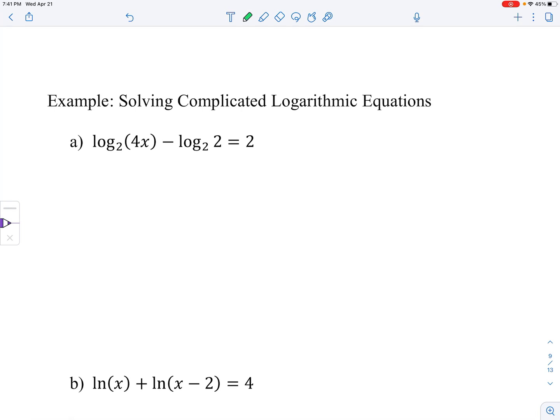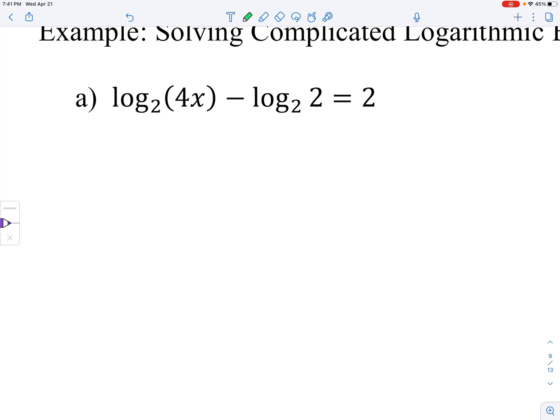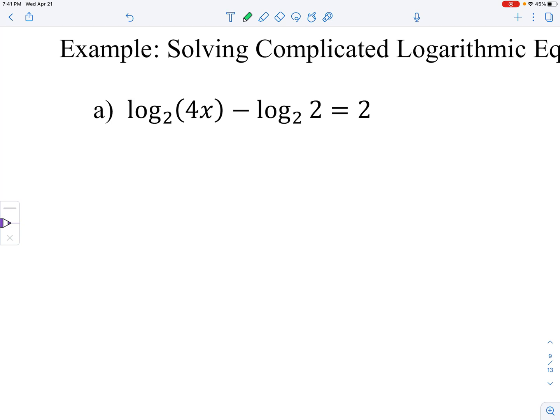Okay, and then we're going to do a few examples of solving some more complicated logarithmic equations. So for this one, you have the option, you can either use the quotient property for logarithms, or we could think about simplifying.